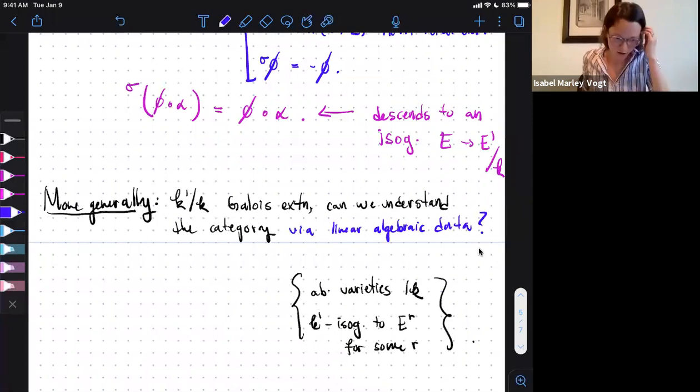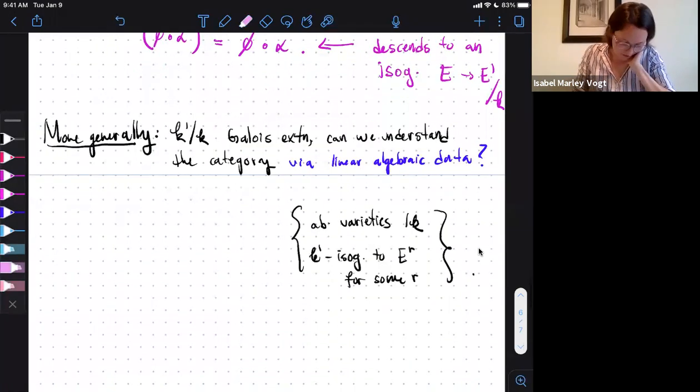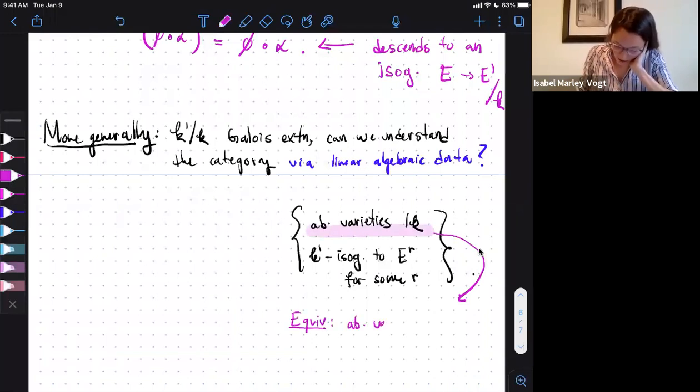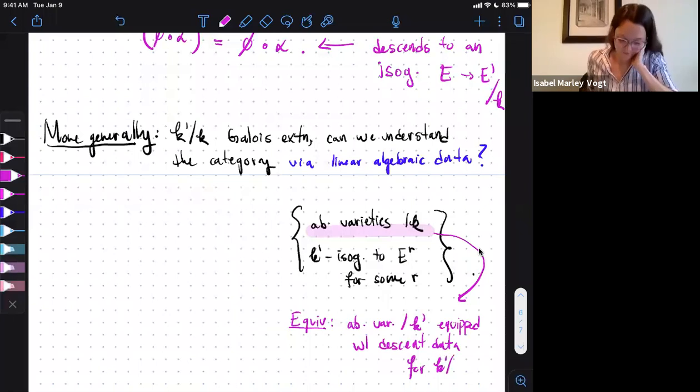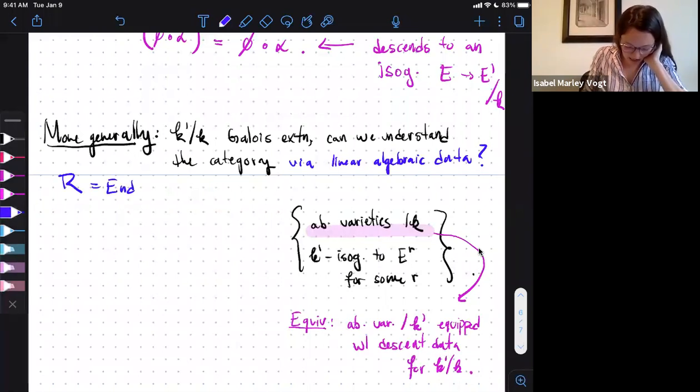So let's think about what linear algebraic data we might want. Well, because abelian varieties are projective, I can use Galois descent, and equivalently to specifying an abelian variety over K, I can specify an abelian variety over K prime equipped with descent data for K prime over K. So part of my linear algebraic data is going to be R, which is now the endomorphism ring of E base changed to K prime.